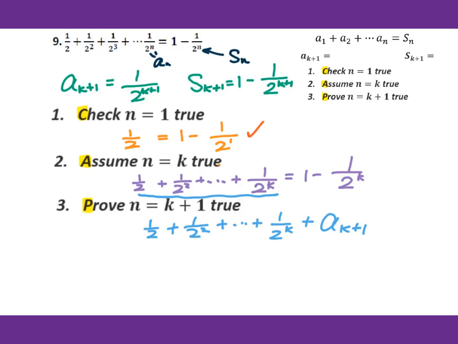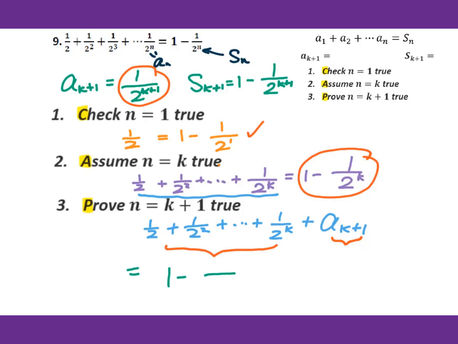Then just a plug-in game. See, this is the one equals this. This one equals this. 1 minus 1 over 2 to the k's power plus a sub k plus 1, that's 1 over 2 to the k plus 1's power.